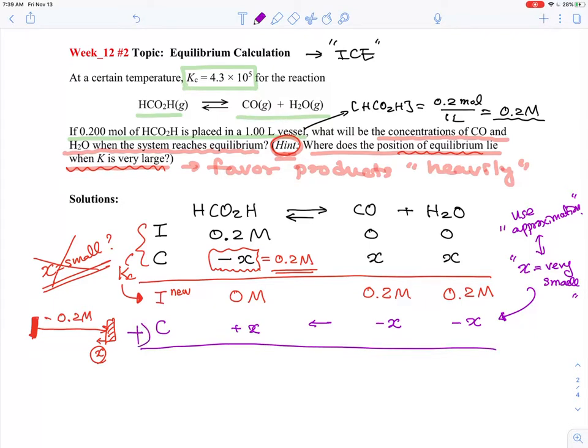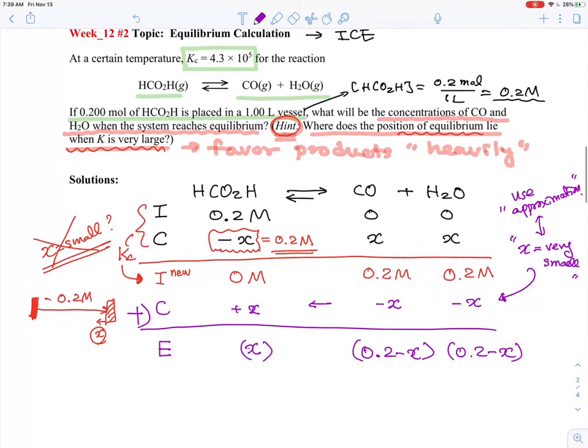So I'm going to add it up, and finally at equilibrium the concentrations are x, and 0.2 minus x, 0.2 minus x. I kind of drew this strange diagram. So this is your starting point, but you have a new initial condition where everything is generated into the product at 100% conversion, and then you think about shifting the equilibrium back to generate a small amount of the reactant. That's the idea.